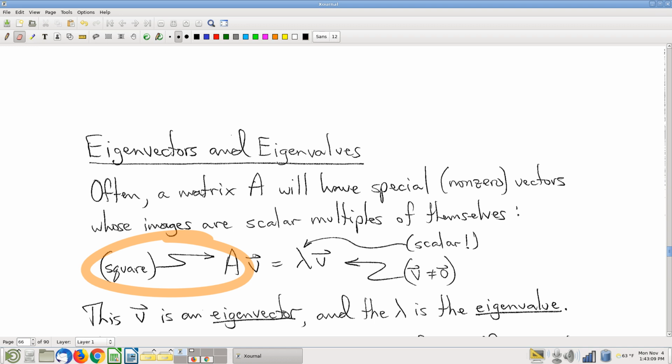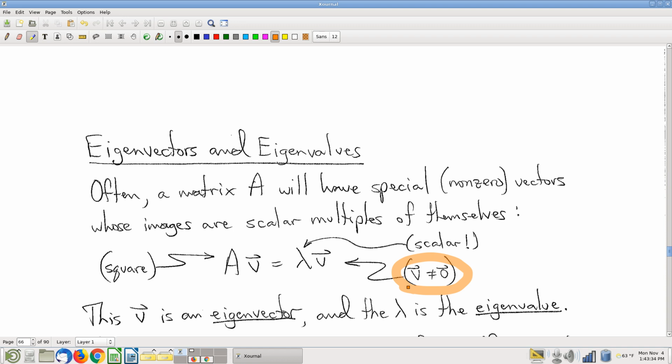Another observation I'll make: this equation always works if V is the zero vector, and so if you consider the case of V being the zero vector, it's just not interesting. It doesn't tell you anything special about the matrix that you can multiply it by the zero vector to get the zero vector.